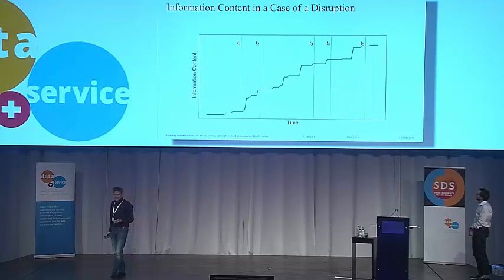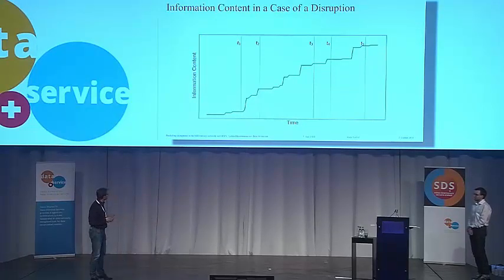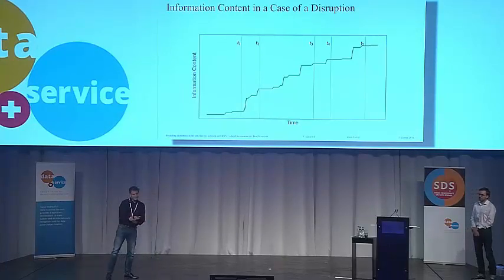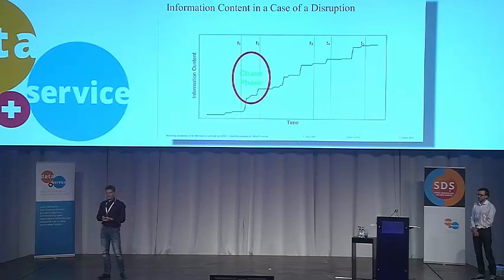On the next slide, you see a symbolic presentation of the information content over time. At the time of the disruption, between the first two red lines, you don't have a lot of information, almost nothing. We call this period the chaos phase. But we have to inform our customers. Normally there's still a simple message like, we have a problem, please stay in the train.